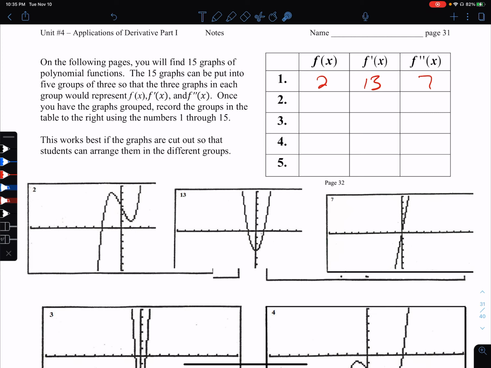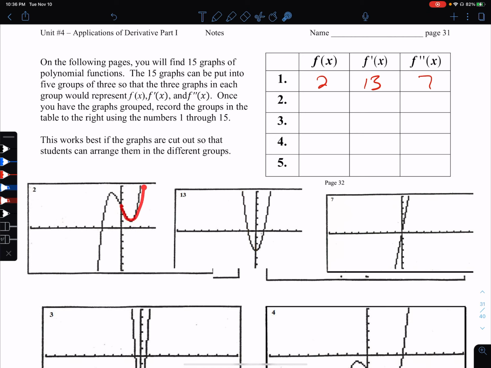Here's one thing that makes sense. Cubic, quad, linear. That makes sense. How about this has an inflection point right here? This has a minimum at that same x value, not a coincidence. This is concave down. This is decreasing.